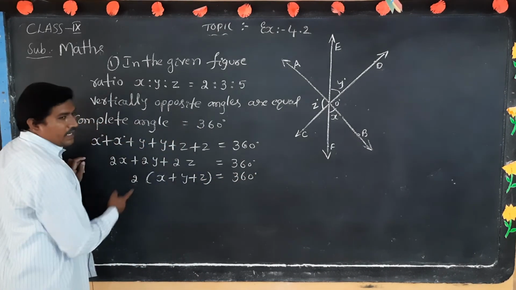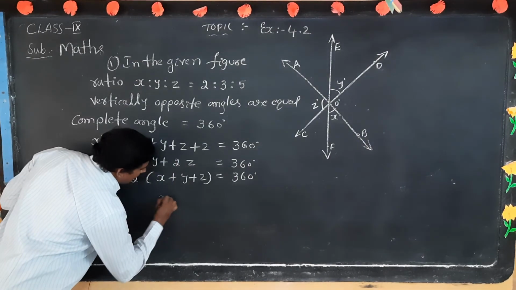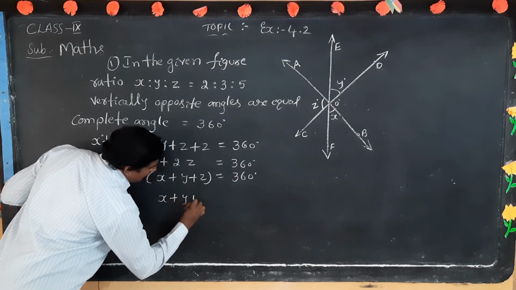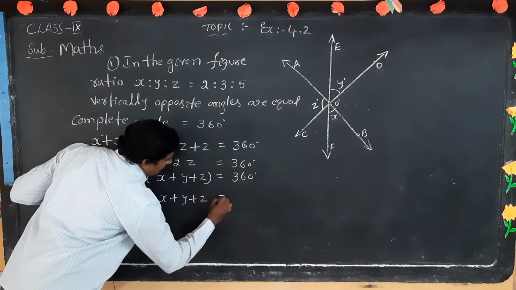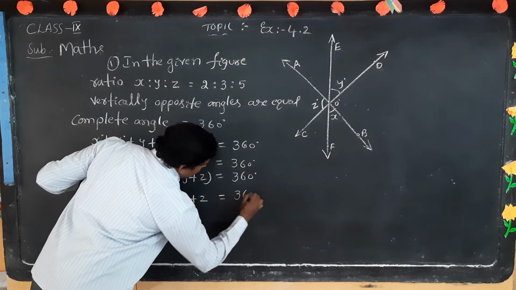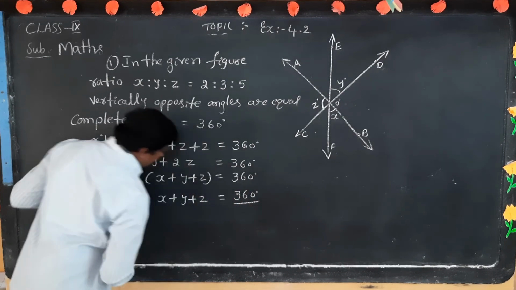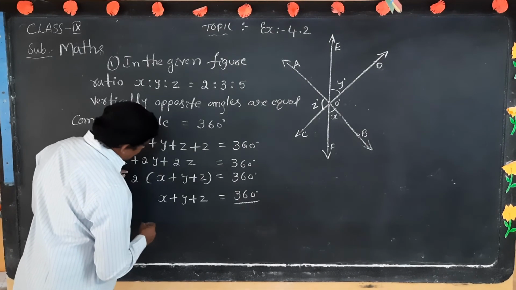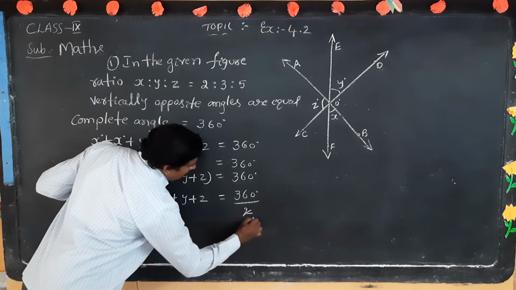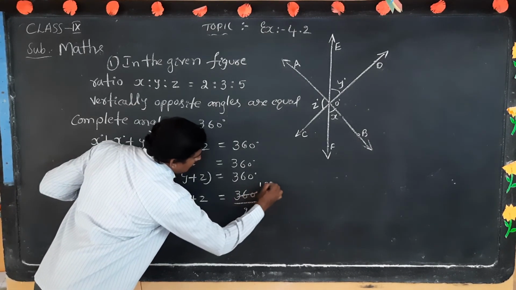The 2, going across by division, gives x plus y plus z is equal to 360 by 2, which is 180 degrees.